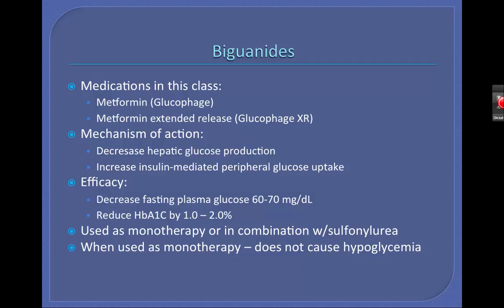Some of the advantages of biguanides are they're weight neutral, cheap, and well tolerated, and they may offer endogenous insulin suppression in PCOS or metabolic syndrome. The disadvantages are they're cleared through the kidneys, so if there's any renal failure, these probably aren't the best choice.